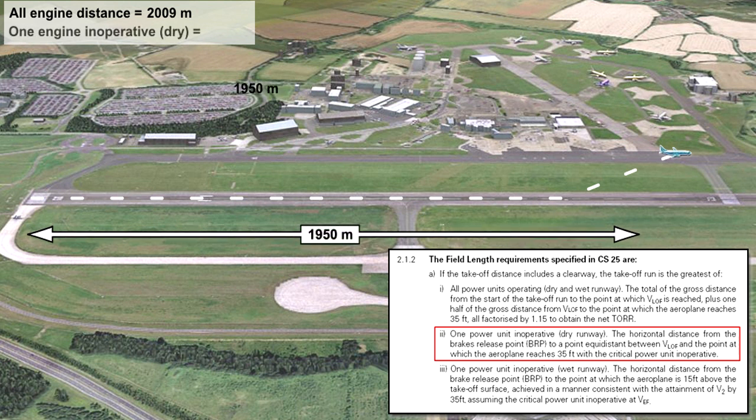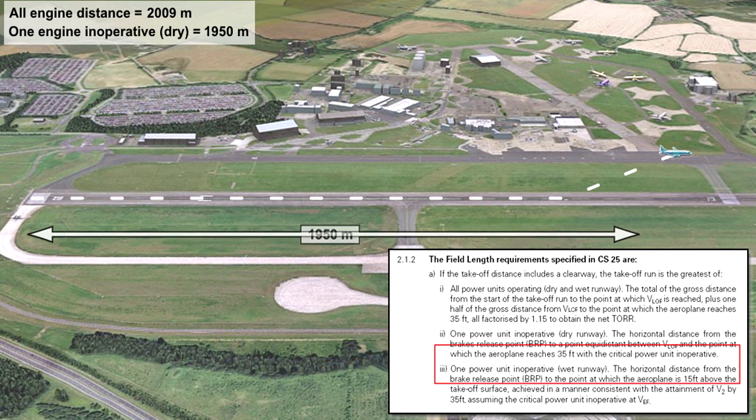As an example, let us assume that this distance is 1,950 meters. The third distance assumes a wet runway, and that one engine is inoperative. This third distance is the total distance from brake release to 15 feet above the takeoff surface, assuming the engine failed at VEF.